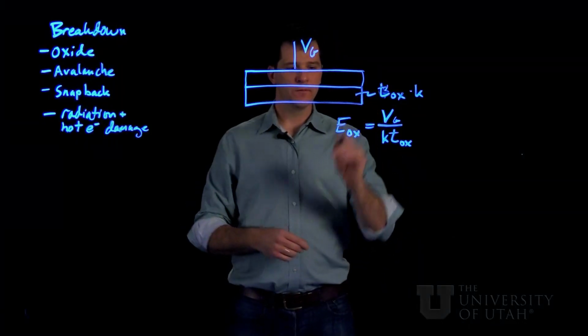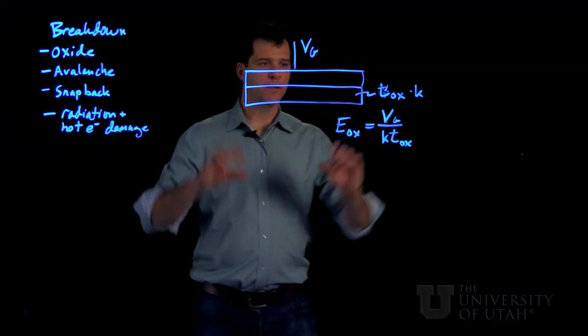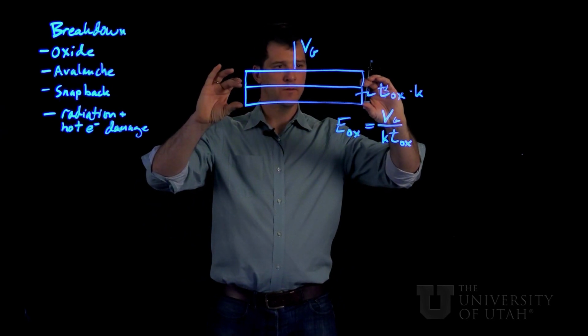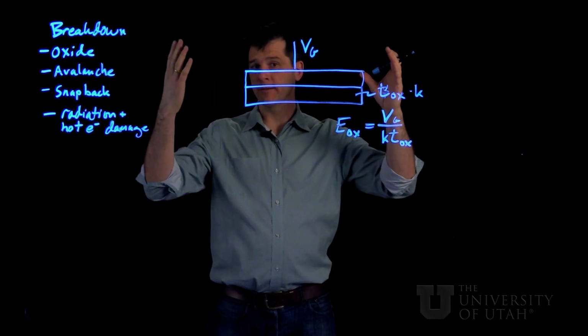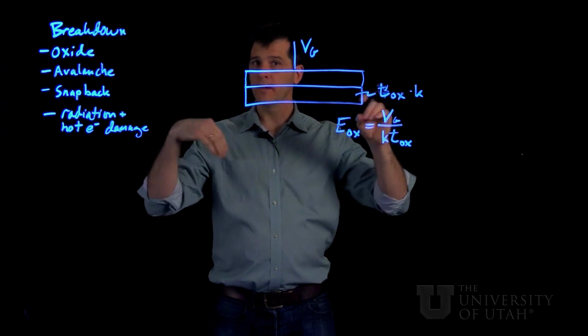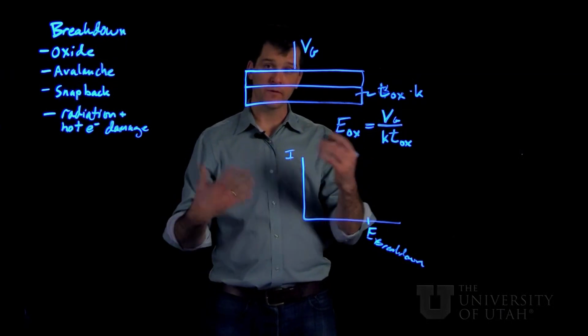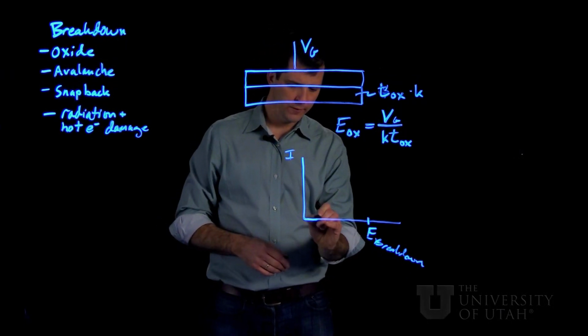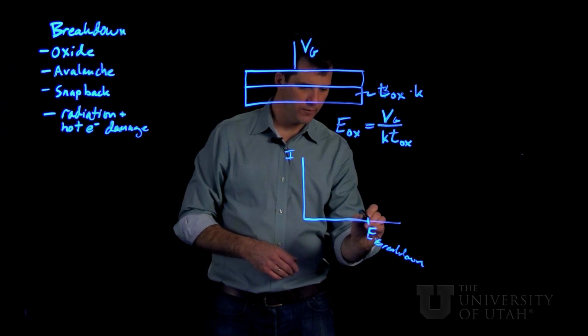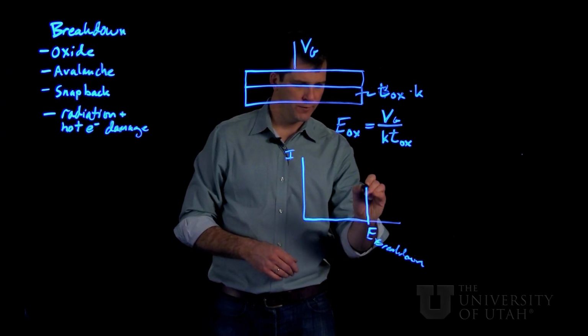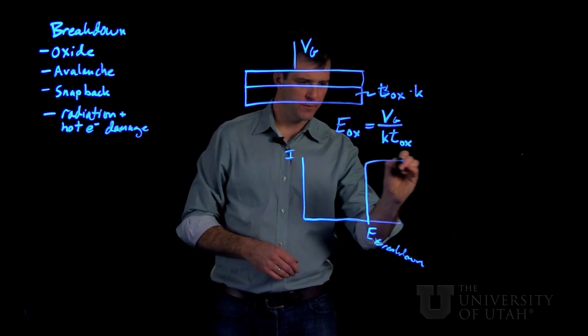Two things can happen. The first is that the oxide has a certain dielectric strength, and that dielectric strength is a fixed quantity. The amount of current that you can flow through this oxide will be 0.0000000 until you exceed some threshold E-field, and then it'll go up to a large number.